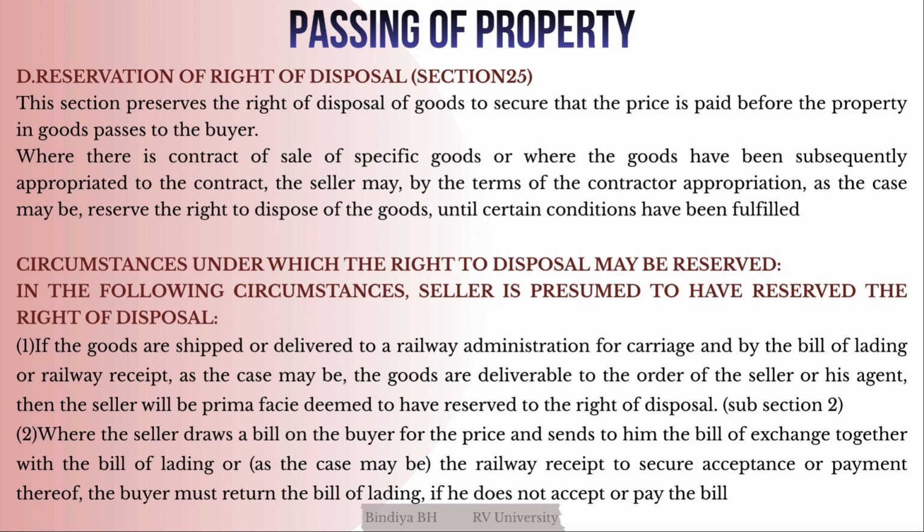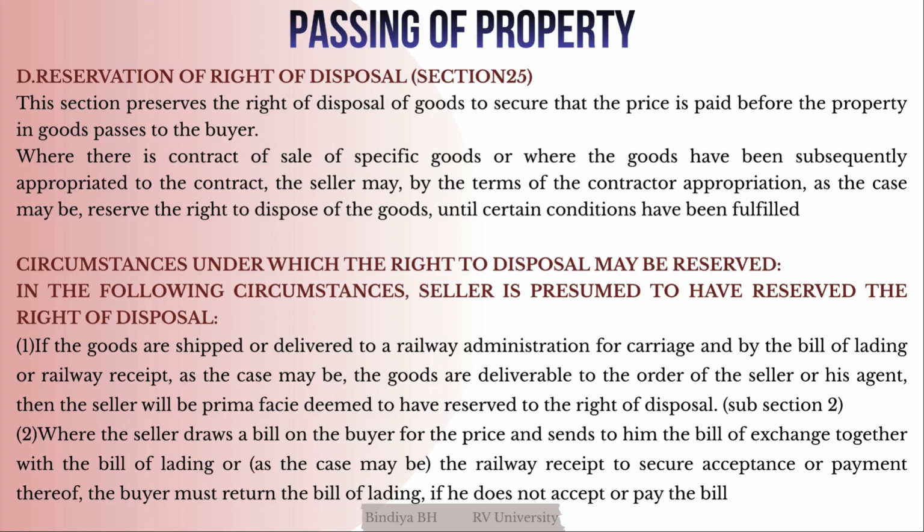Okay? Now that ownership is clear, the next logical question is how are the goods actually delivered? And in my previous video, I have already covered the meaning of delivery, which means delivery is nothing but voluntary transfer of possession from seller to the buyer.